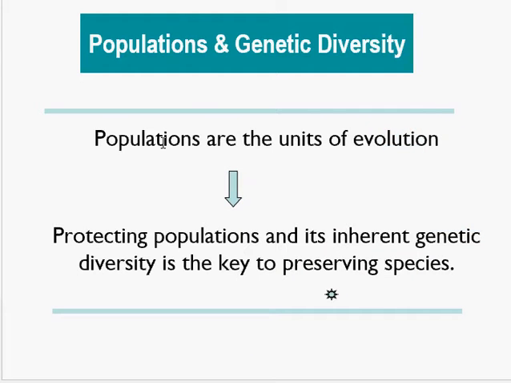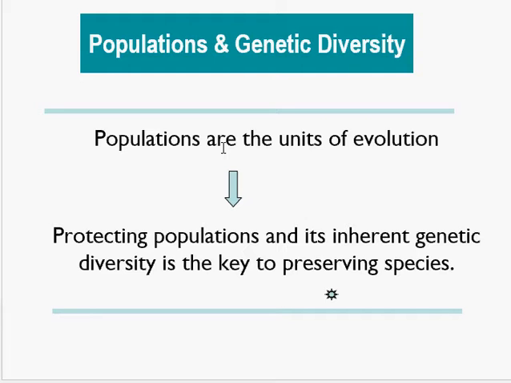So populations are the units of evolution. What this means is that the population is where the genetic material acts. A population has its reserves of genetic material, and when the environment changes, it's that genetic material that the population must draw on if it is to adapt and change to suit that change in environmental conditions.